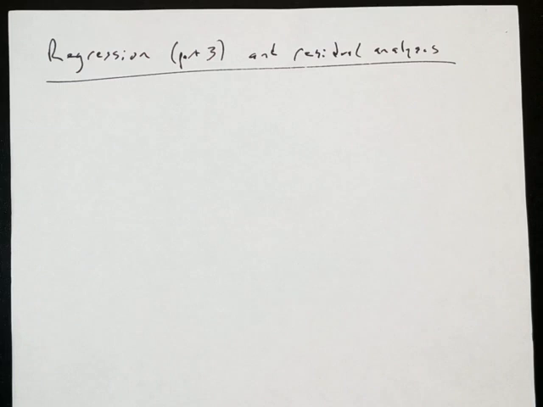677 was the 10th piece of data. If I go to number 10, the residual is 365. My predicted value is 365 lower. Which way? Let's go look.